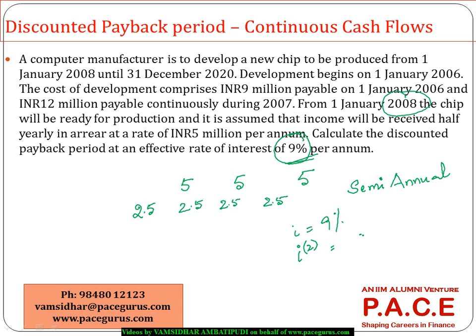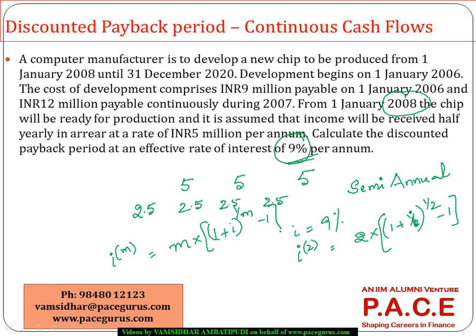So how do I get that? This is nothing but 2 into (1 plus i) to the power half minus 1. I am going with the formula for i m, which is m-thly compounding: it is nothing but m into (1 plus i) to the power 1 by m minus 1. Going with that formula, I can find out what is i2.